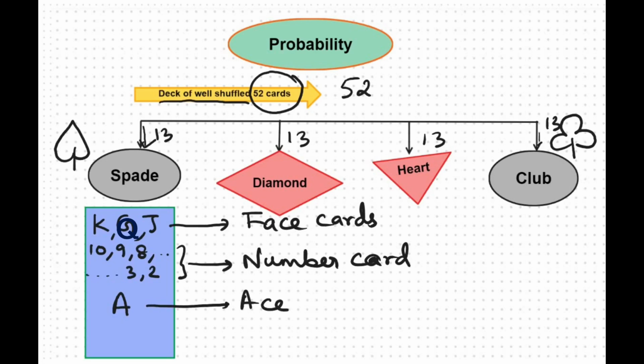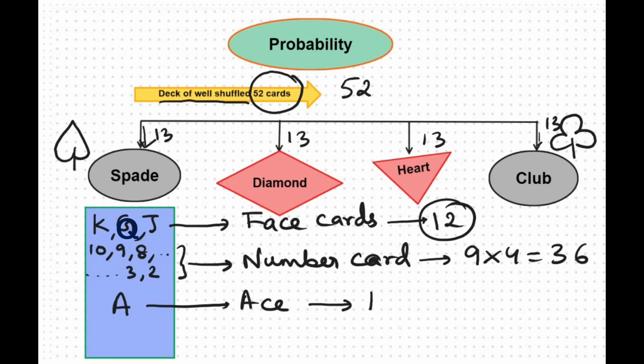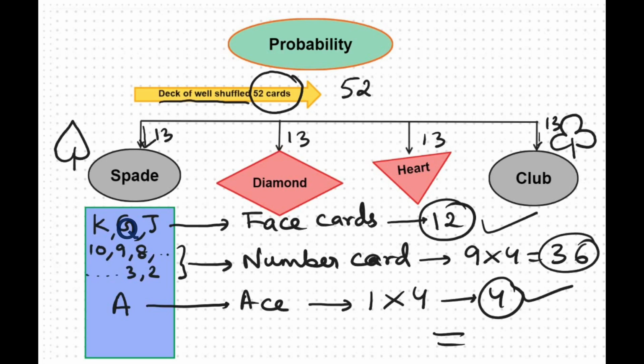So under each kind there will be king, queen, jack, so totally 3 fours, 12 face cards. Number cards 10 to 2 are 9 number cards of each kind, so 9 into 4 makes 36 number cards. Under each kind there will be a single ace card, so 1 into 4 kinds, 4 ace cards. So 12 plus 36 plus 4 makes 52 cards.